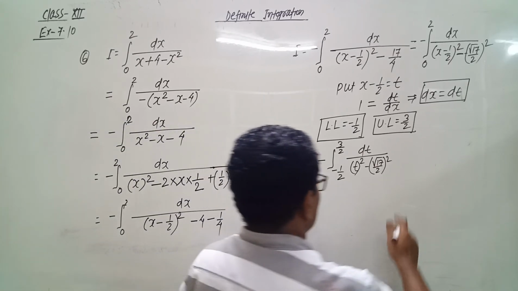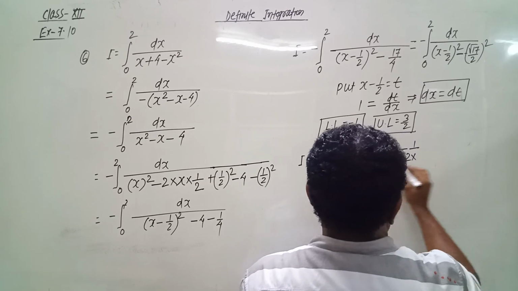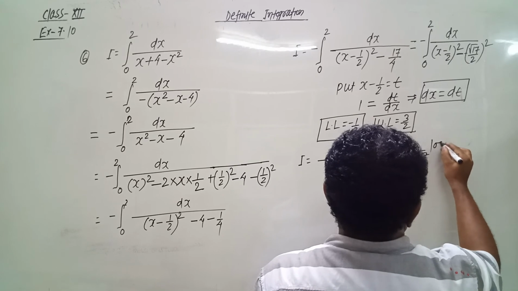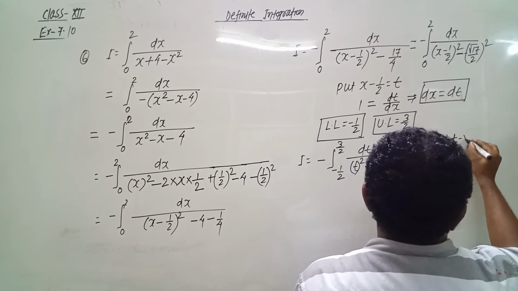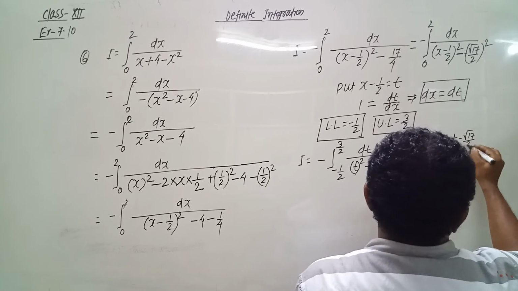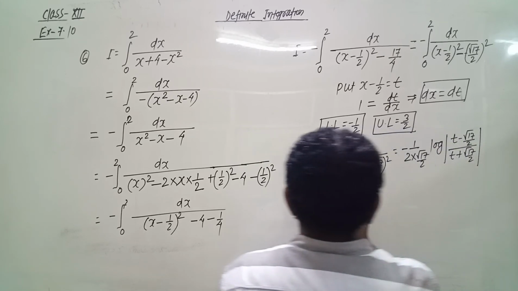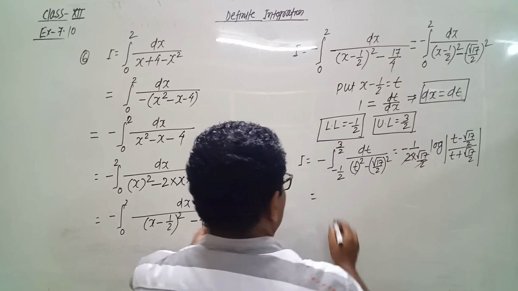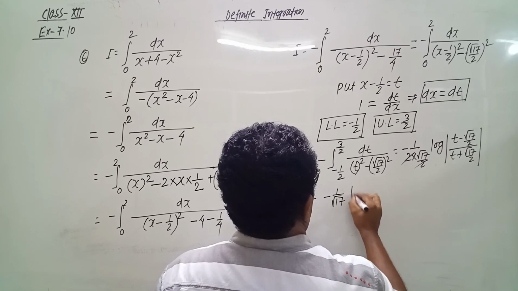The formula for this is 1 by 2a log of x minus a upon x plus a. The value of a is root 17 by 2, so it is t minus root 17 by 2 upon t plus root 17 by 2. This becomes 2 and 2 gets cancelled. So minus 1 by root 17 log.